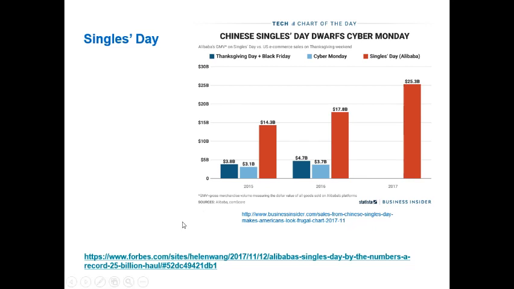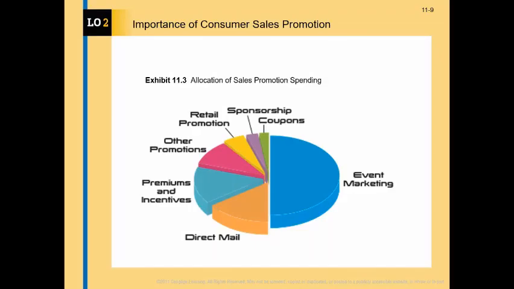When you go to Blackboard and download these chapter 11 slides, you can click on this link down here, and you will find an interesting article and video about what Singles Day represents for China. Remember, China has 1,200 or 1,300 million people in its population. So that's why we see these numbers.